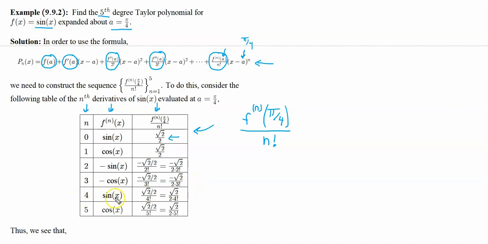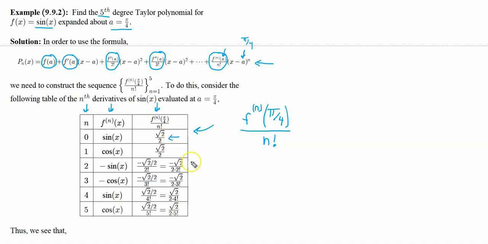When n is 4, we put pi over 4 in for this x into the fourth derivative of our function. We get root 2 over 2 divided by 4 factorial, which simplifies as root 2 over 2 times 4 factorial. And now we can see a pattern. The next one is going to be root 2 over 2 times 5 factorial.